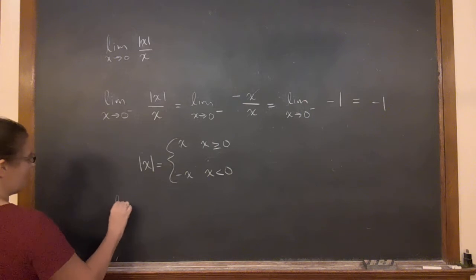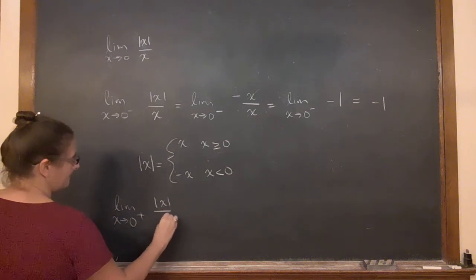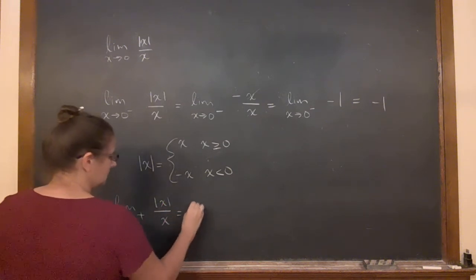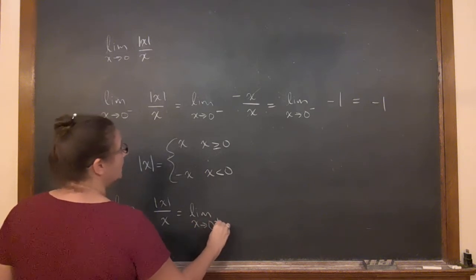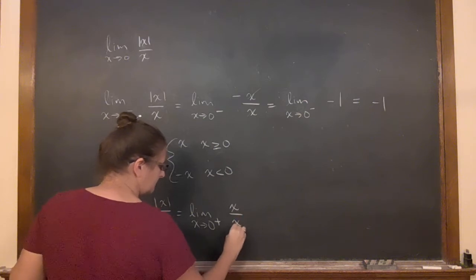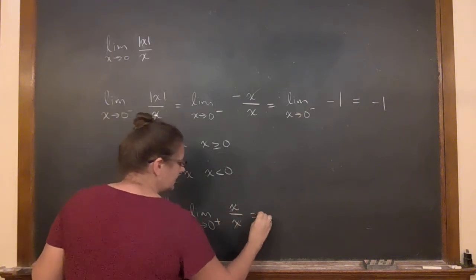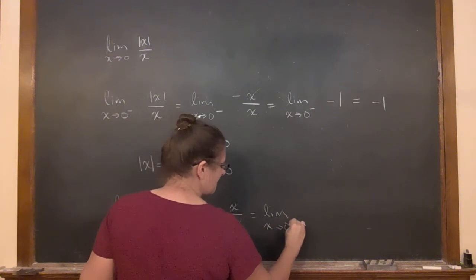And from the other side, I do the same thing. I'm putting in this part now. Now the x's cancel out again, but I don't have a minus this time.